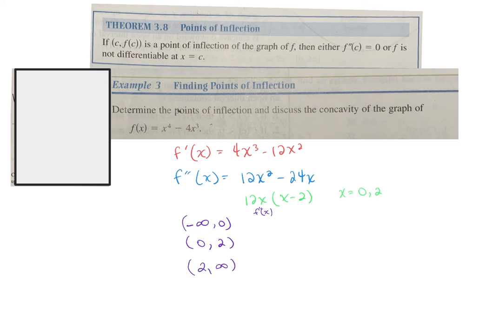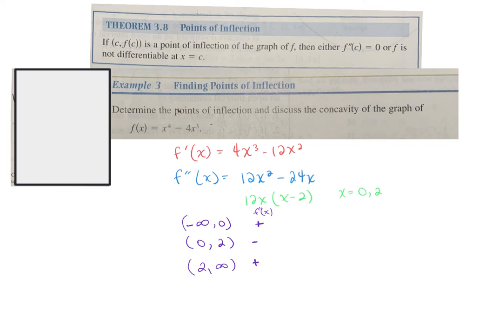And we're going to see what happens here with the second derivative. Plug in a negative 1. Well, negative 1 squared is going to be a positive 12 minus 24 times a negative 1 plus, right? So that's going to be 12 plus 24. So this is going to be positive, right? Plug in a 1. Well, if I plug in a 1 here, I get 12 minus 24, which is going to be negative. And if I plug in something like a 3, I'm going to get a positive, so I'm going to get a larger number minus a smaller number there.